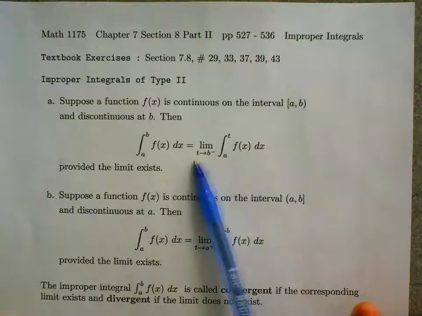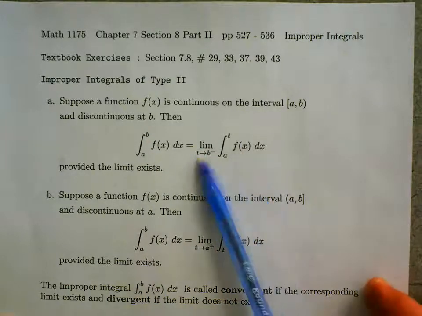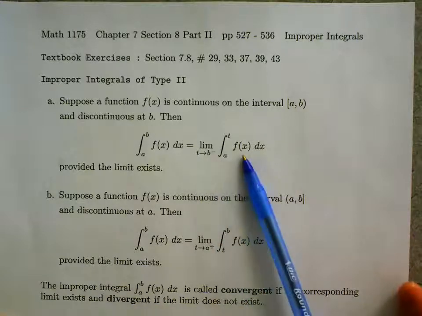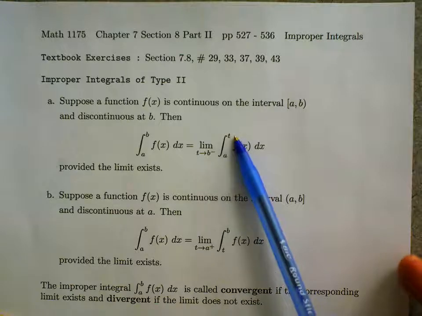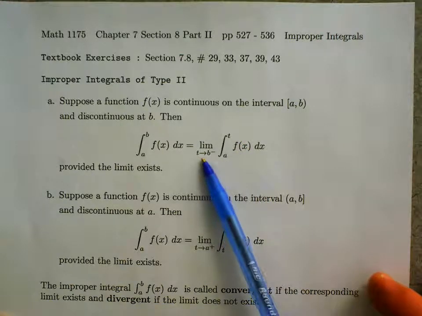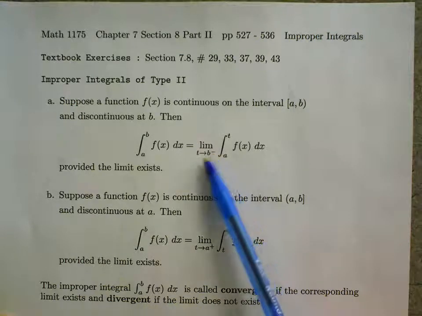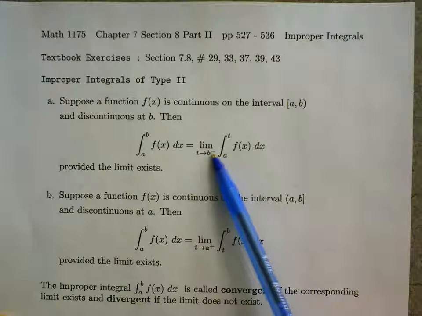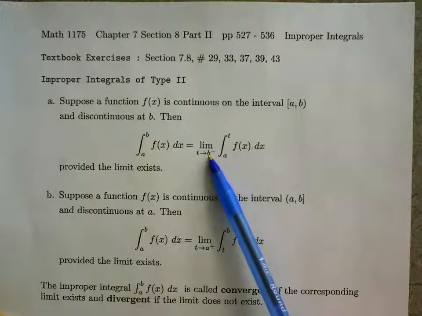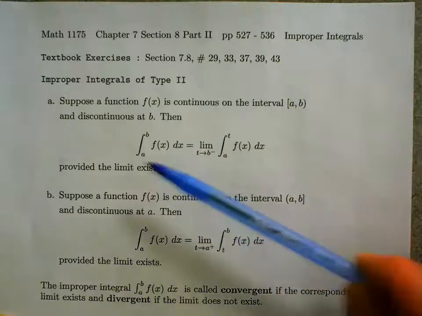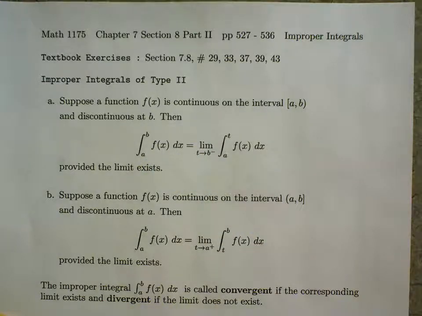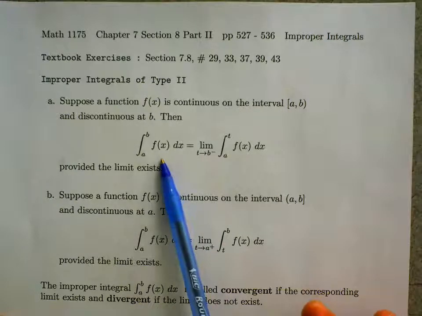And so we compute the limit of the definite integral of f of x dx from a to t as t approaches b from below. That minus sign or negative sign to the right of the term b means that t approaches b from the negative side or from below or from the left. And if the limit exists, then that gives you the value of that improper integral.